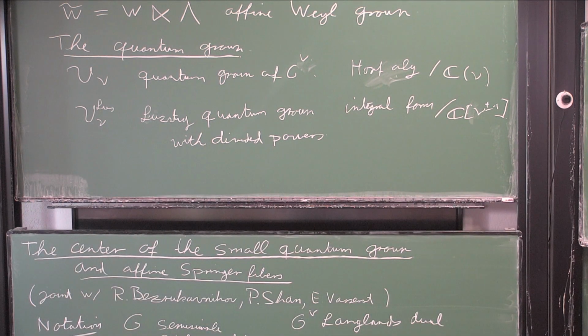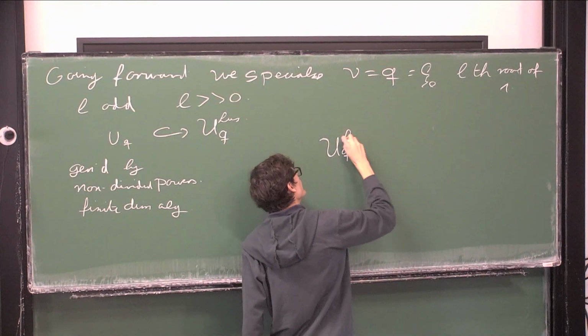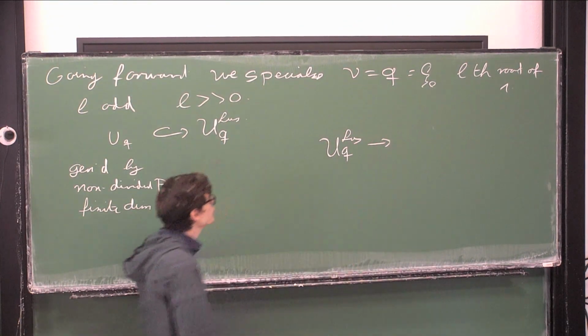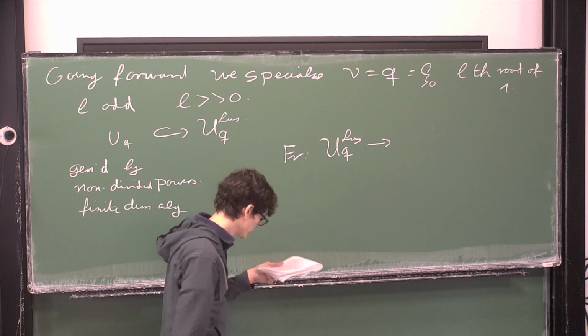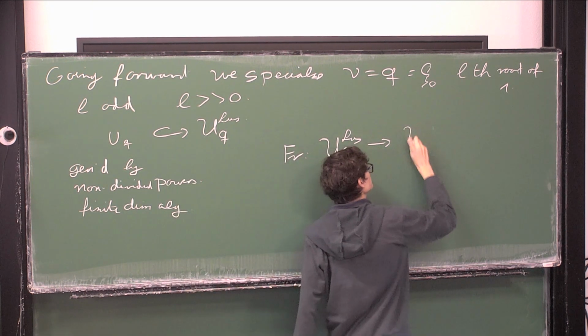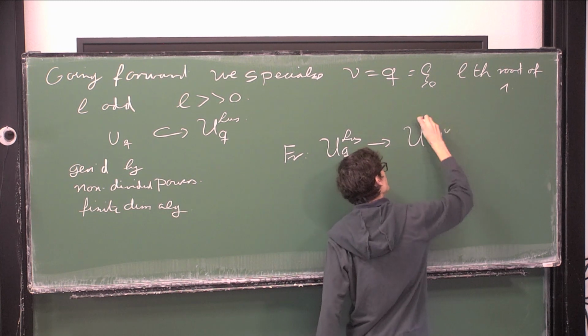And this Lusztig quantum group at an lth root of unity has an interesting map, the quantum Frobenius, to some algebra.